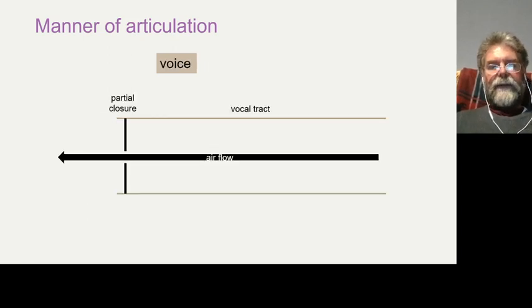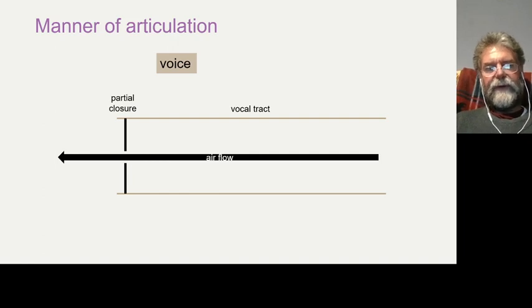Okay, another important aspect of the way we produce sounds, although it isn't actually part of a manner of articulation, it seems to be something of a sideline, because this is something you can get with both fricatives and plosives, and this is to do with what we call voicing.